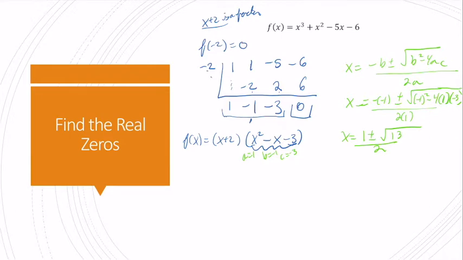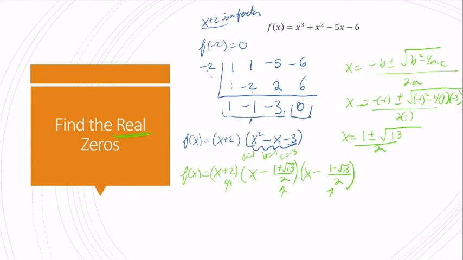So my factors are going to be f of x equals x plus 2 times x minus the quantity 1 plus the square root of 13 over 2, times x minus the quantity 1 minus the square root of 13 over 2. So in this case, I have 1 rational and 2 irrational factors. But remember, irrational numbers are still real.